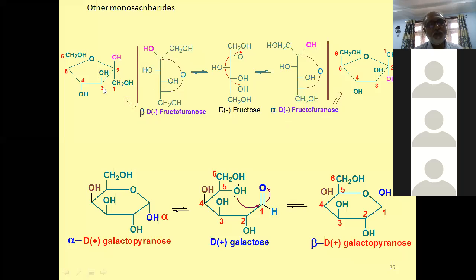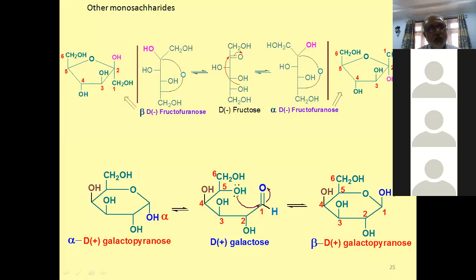Now, when we convert it to the Haworth projection, in the same way, the groups on the right-hand side go down, the groups on the left-hand side go up. But here the ring carbon atom that becomes the anomeric carbon is carbon number 2, not 1. In the case of glucose, the anomeric carbon was 1.